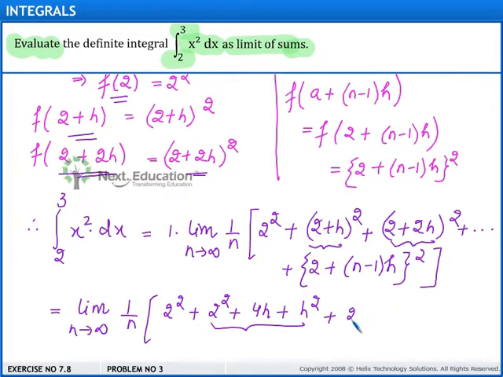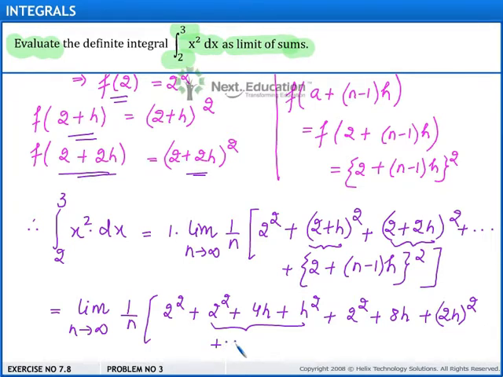This gives 2 square plus 8h plus (2h) whole square plus so on up to, now expanding the last bracket, we have 2 square plus 4 into (n minus 1)h plus ((n minus 1)h) whole square.